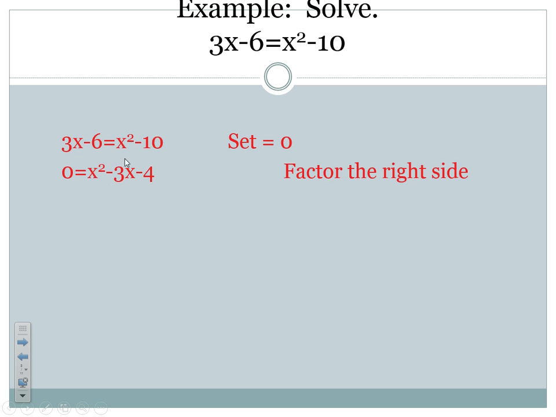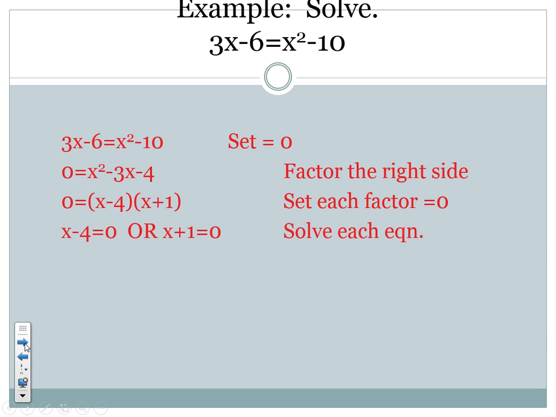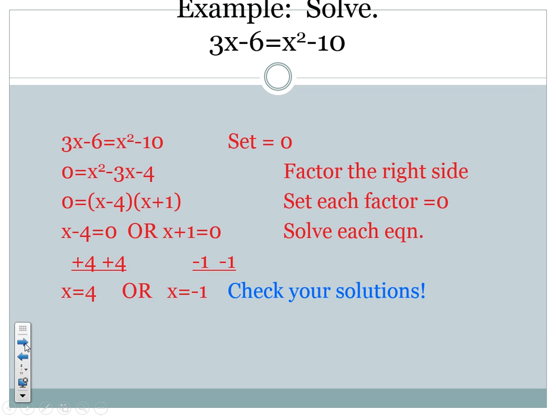We move the 3x over here, and we move the negative 6 over here. Now we're going to factor that side. So when you factor that, you should have gotten x minus 4 times x plus 1. And now we're going to set each of those factors equal to 0, and then solve those two equations. And we get x equals 4 or x equals negative 1, and as always, check your solutions.